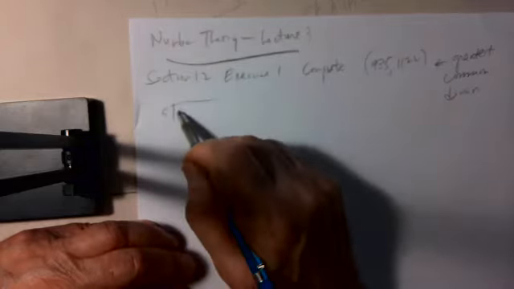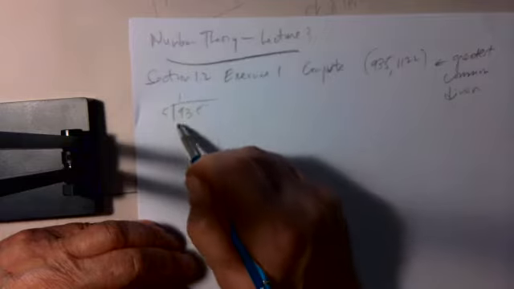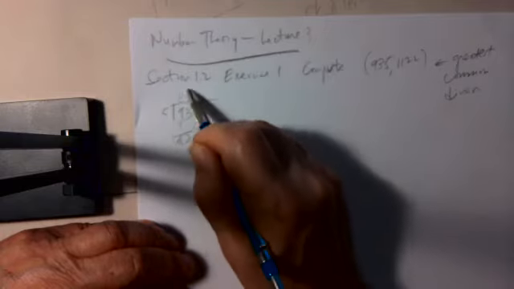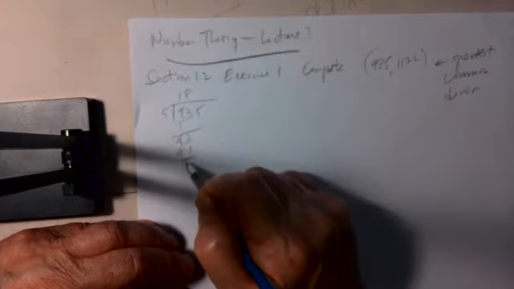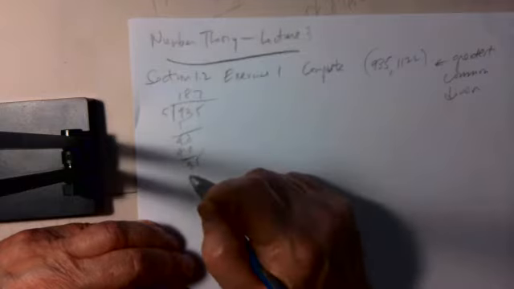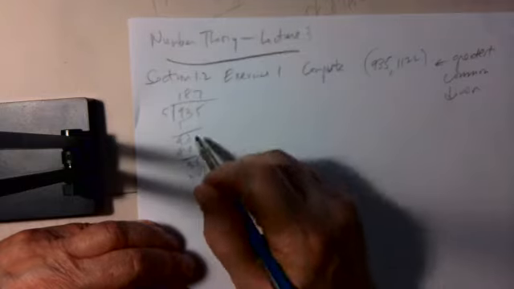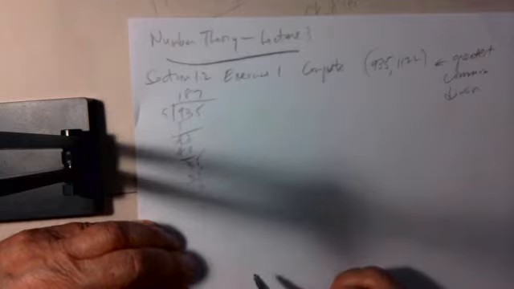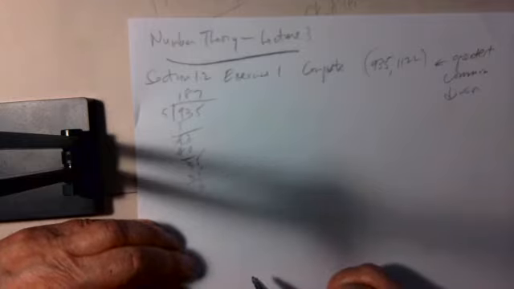So if you divide 5 into 935, that goes 187 times. 187 is not divisible by 5.